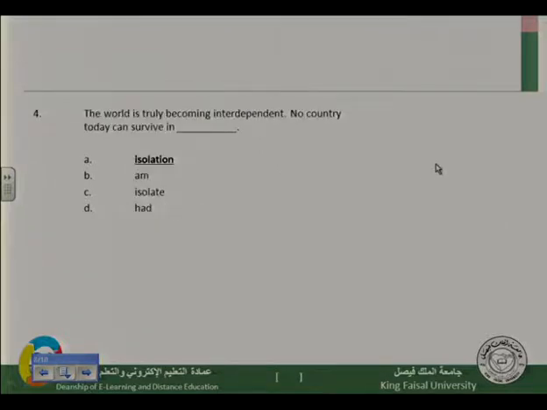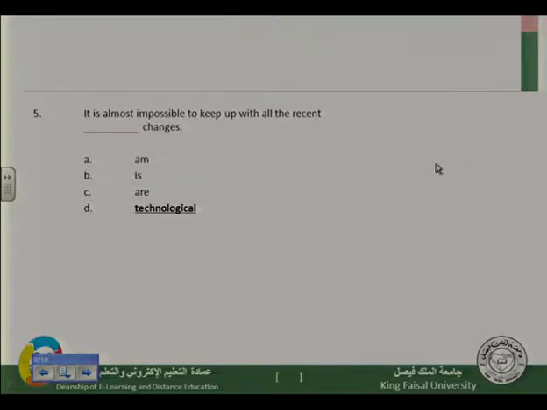Number 4, sorry. The world is truly becoming interdependent. No country today can survive in isolate, of course not, isolation. Number 5, it is almost impossible to keep up with all the recent is, are, technological.